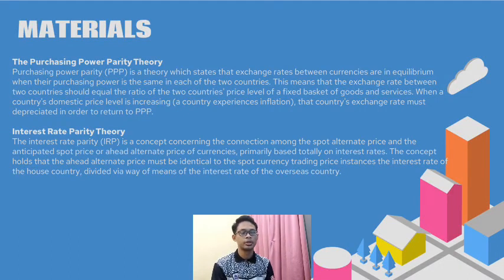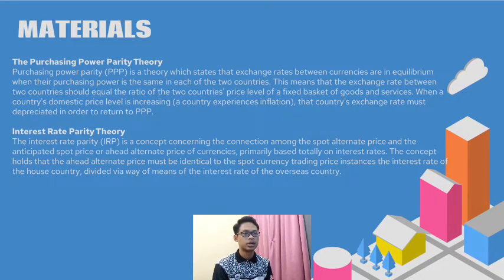Assalamualaikum and hi, I will introduce the material of exchange rate. The first is the purchasing power parity theory. Purchasing power parity theory is a theory which states the exchange rates between currencies are in equilibrium when their purchasing power is the same in each of the two countries.